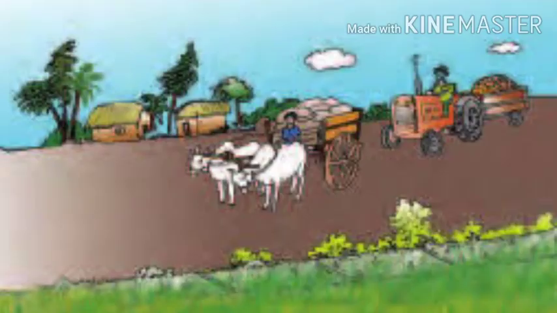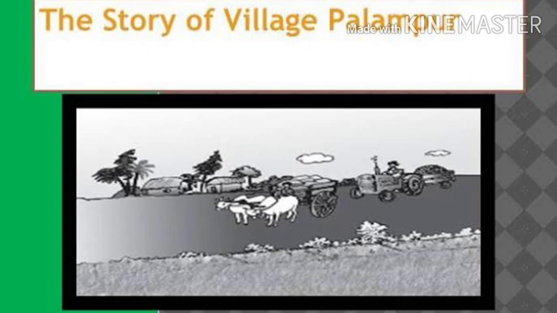In the first picture we can see that farmers were carrying their crops to the market in bullock carts. You can see the bullock cart carrying loads of wheat.